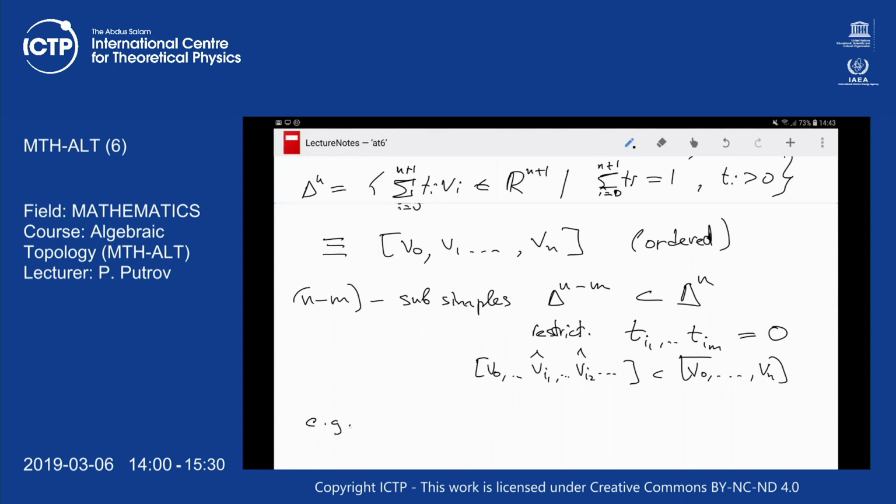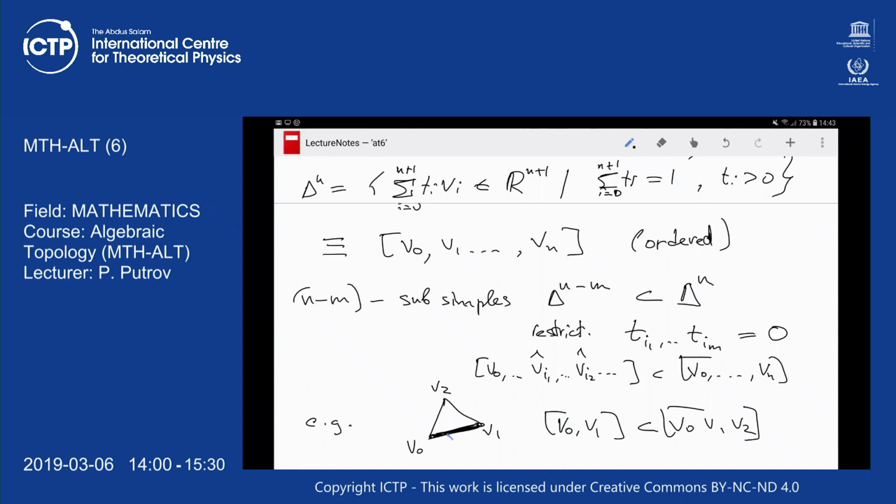So for example, if we have a simplex again as before, the triangle v0, v1, v2, we can consider the subsimplex v0, v1, which is just the edge here, right?